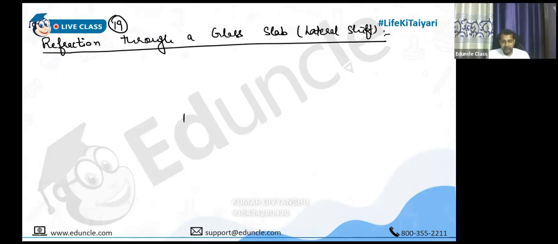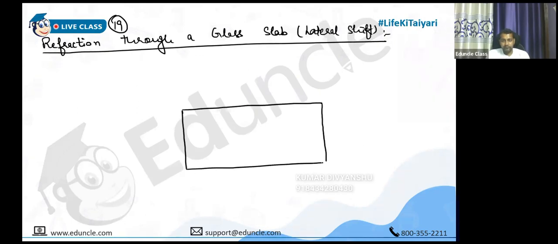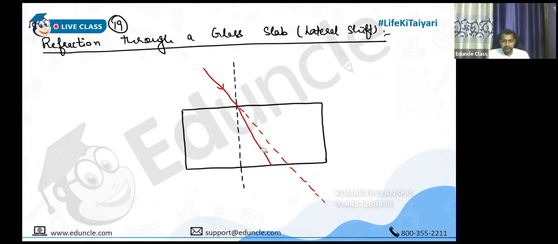So here is a glass slab. This is the straight line path, but it actually follows this path.